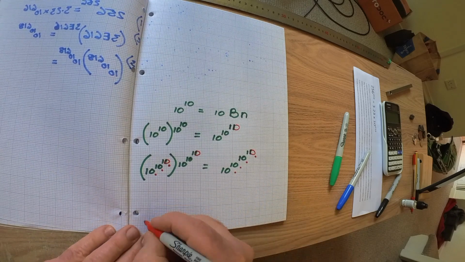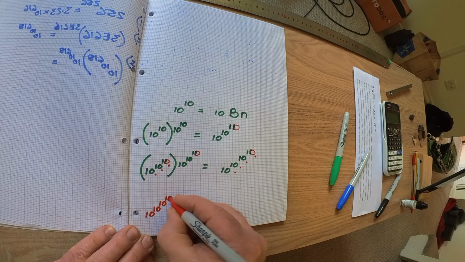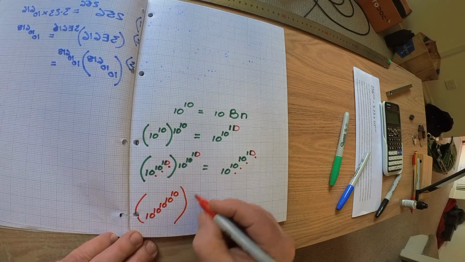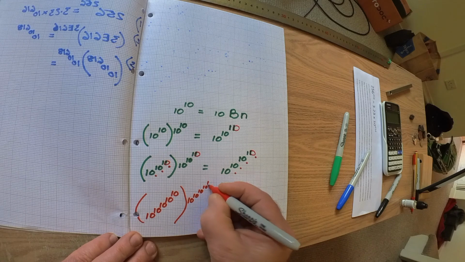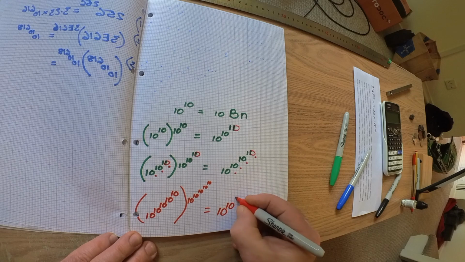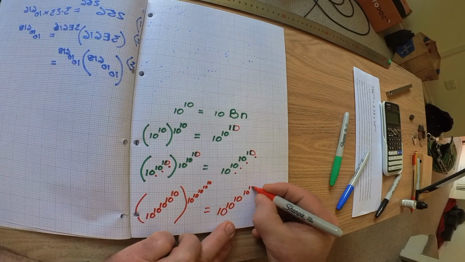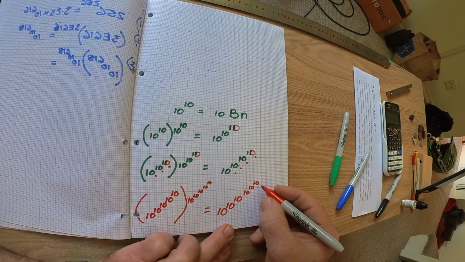So if I did this again with a power tower of 5 tens to the power of itself, now I know I'm going to have 1, 2, 3, 4, 5, a total of 6 tens.